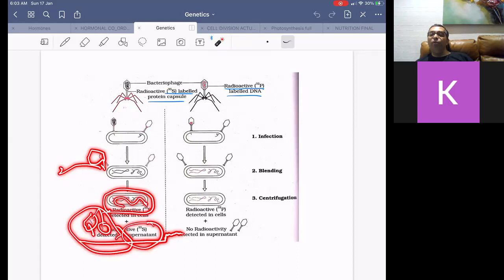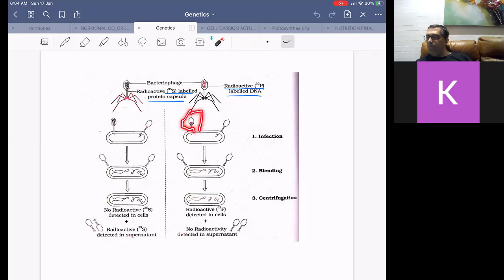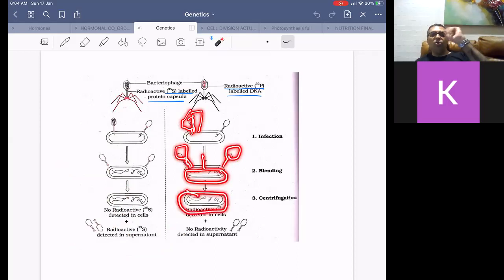So where was the radioactivity? In the capsules. So the capsules became radioactive, which means the capsule has not become a part of the bacteria. And where bacteria with P32 was allowed to be infected, and the capsids went out, and centrifugation was done, radioactivity was detected inside the bacteria, and the supernatant, the capsules, did not have radioactivity.